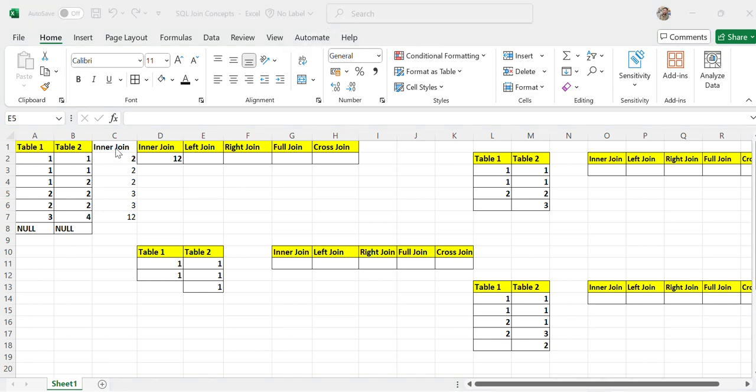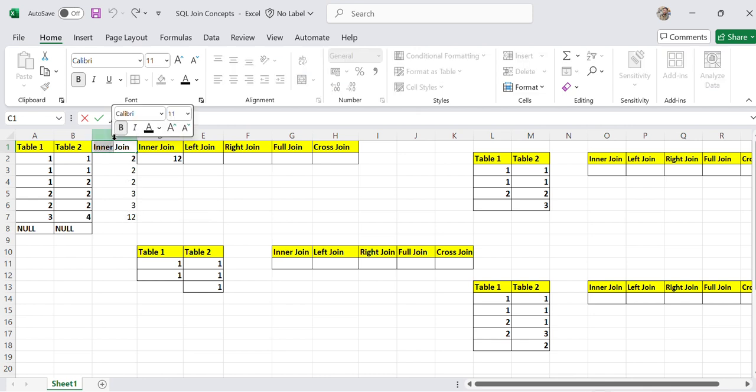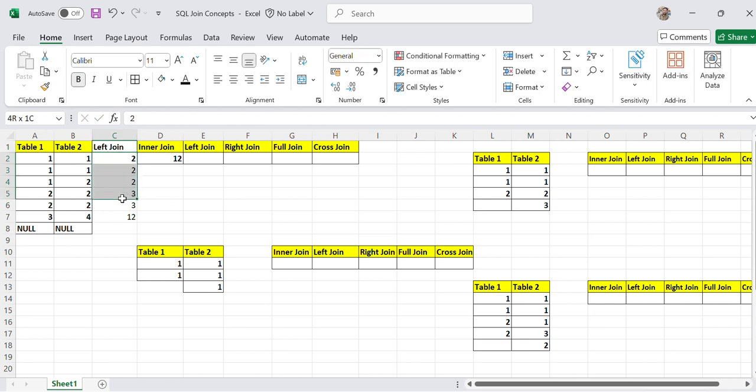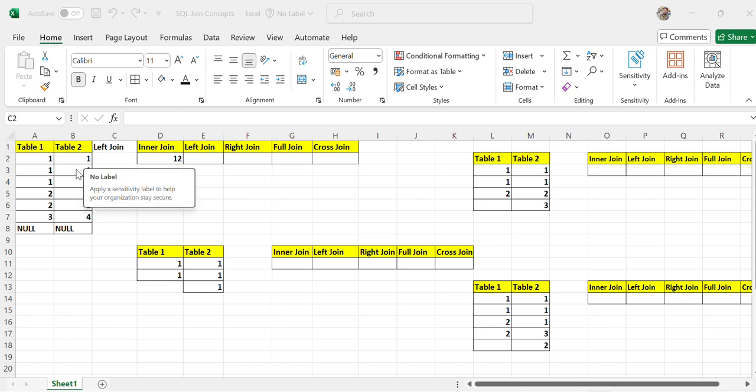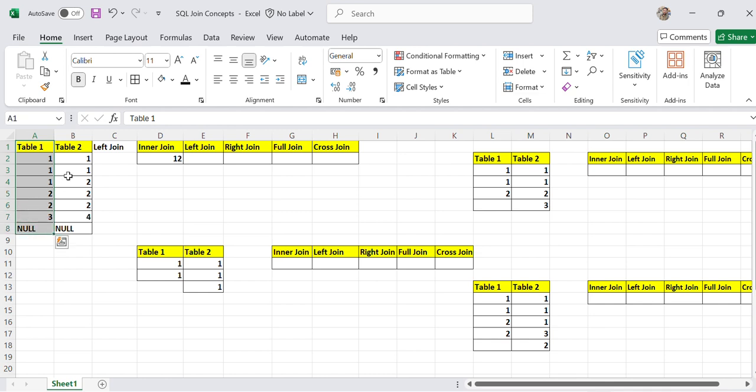Now we will discuss the second join, the left join. Left join returns all the records from the left table along with matching records from the right table. That is the left join concept.